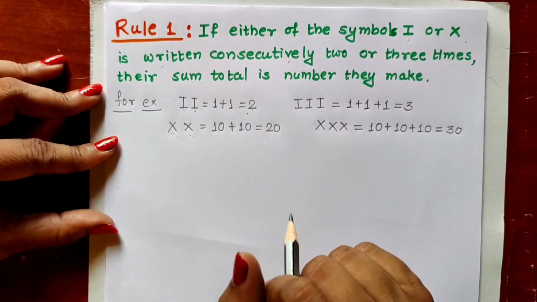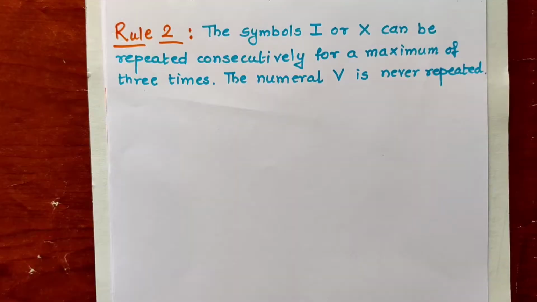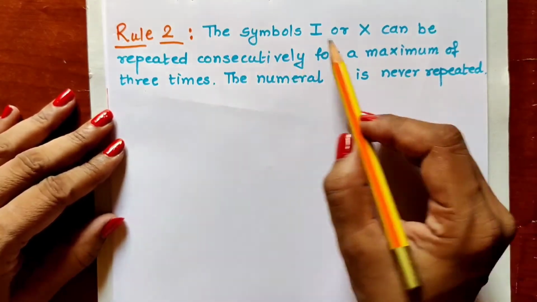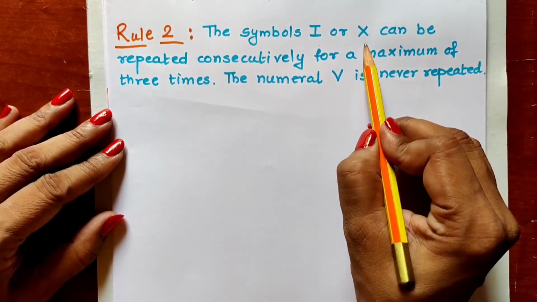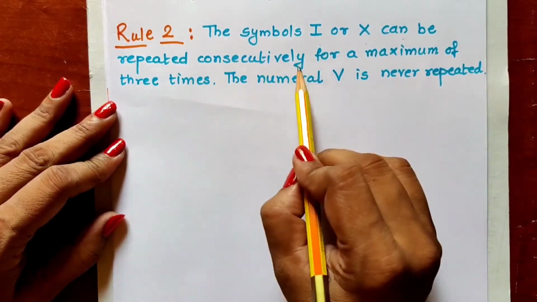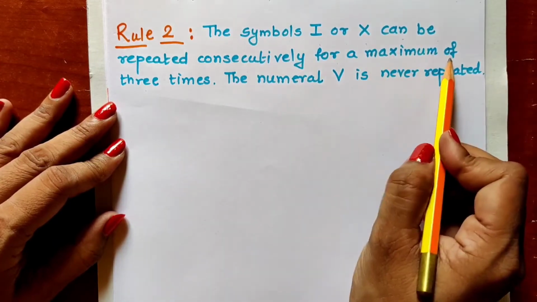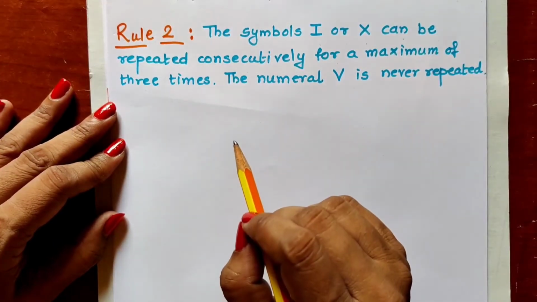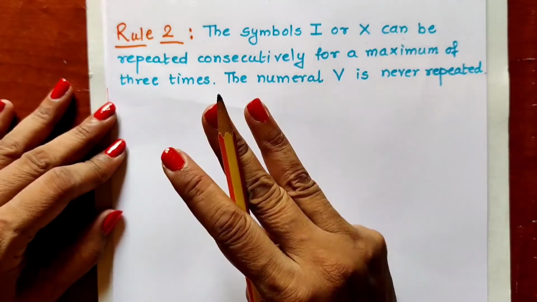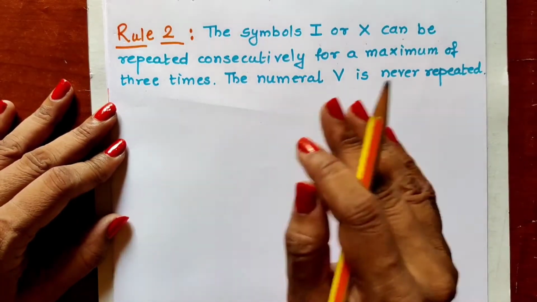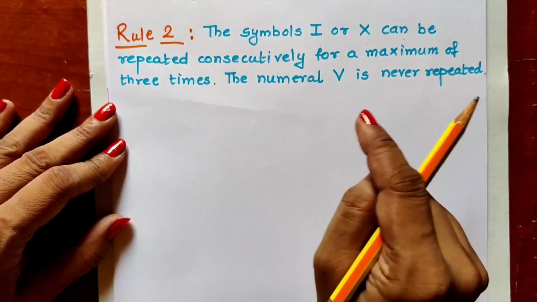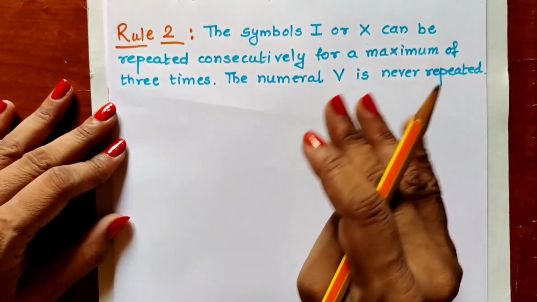Now let us see the second rule. The second rule is the symbol I or X can be repeated consecutively for a maximum of 3 times. How many times can we repeat it? Maximum 3 times. It should not be repeated more than 3 times. We cannot write I 4 times, 5 times, 6 times.